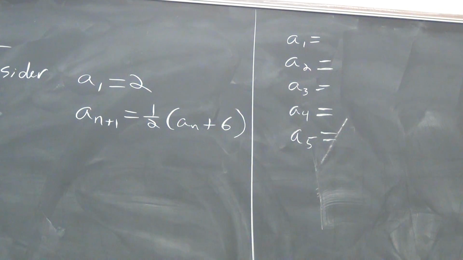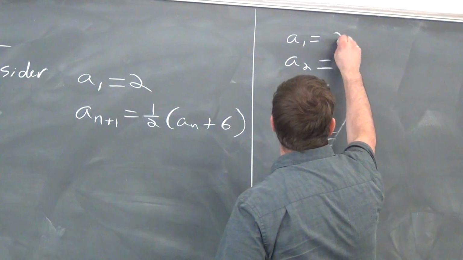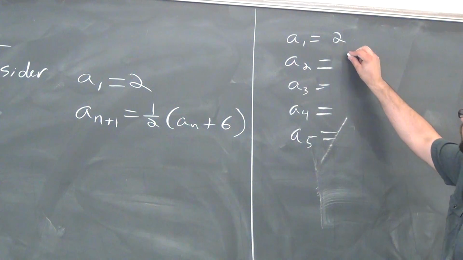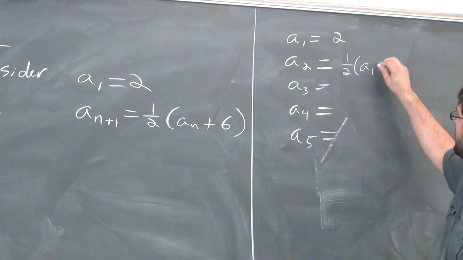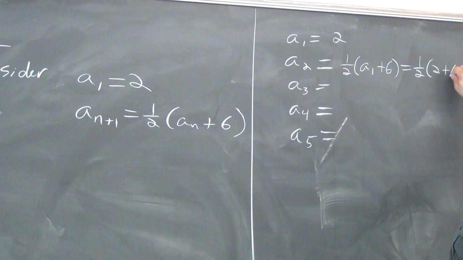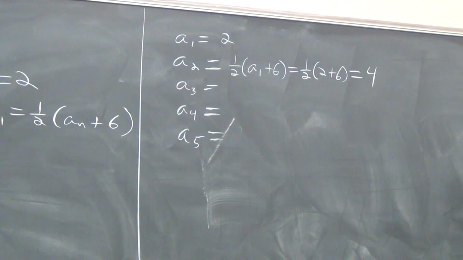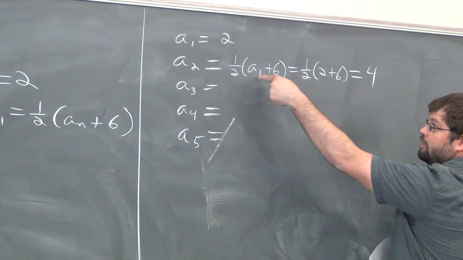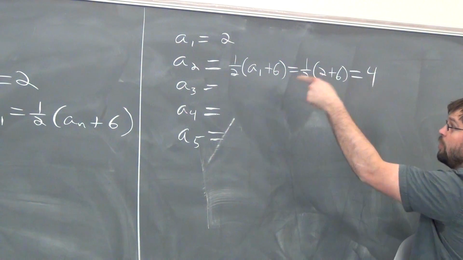Okay, so a sub 1 was 2. What was a sub 2 then? 4. Is that what everybody's getting? Let me just write it up. 1/2 a sub 1 plus 6, right? Which is 1/2 times 2 plus 6. And so that's 4. Is that okay? And then you're just going to do the same thing, right? Whatever the previous term is will go in there. It'll be 1/2 previous term plus 6.